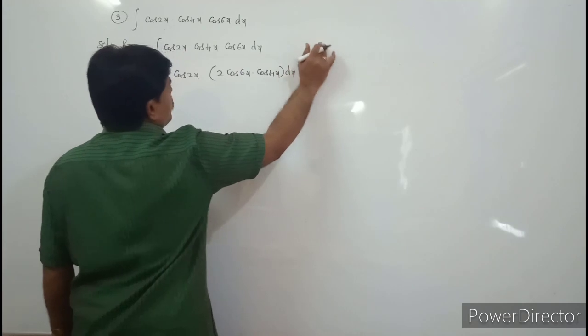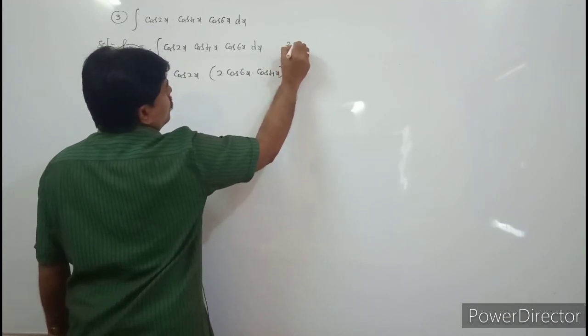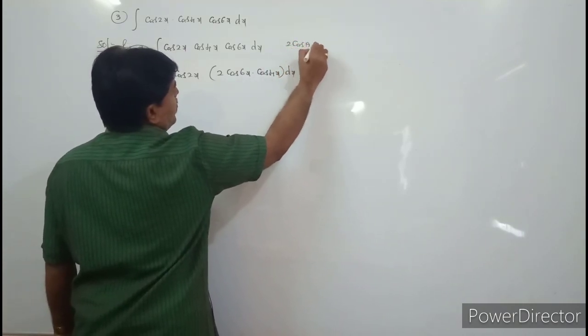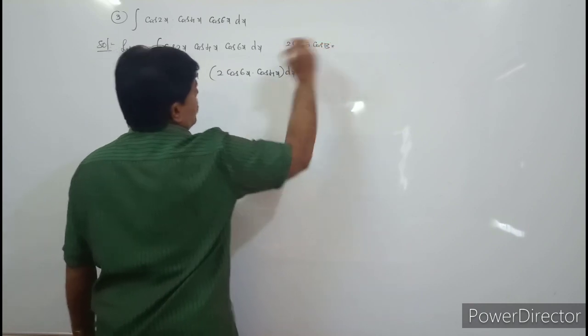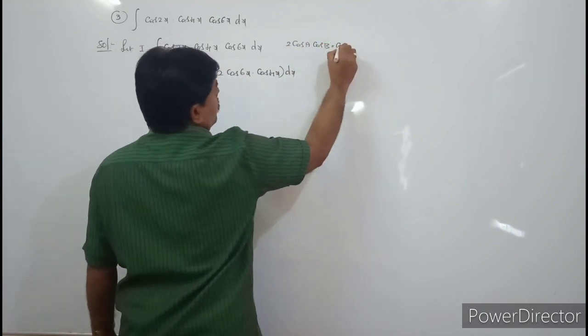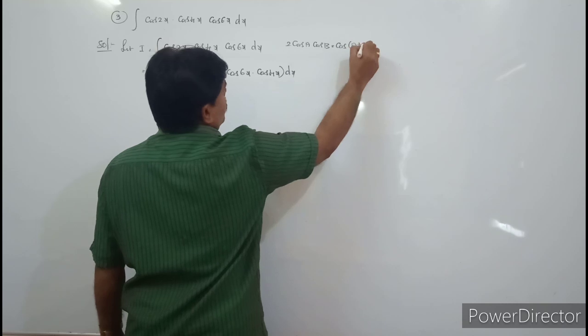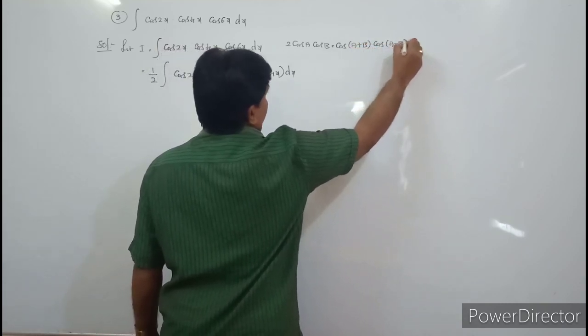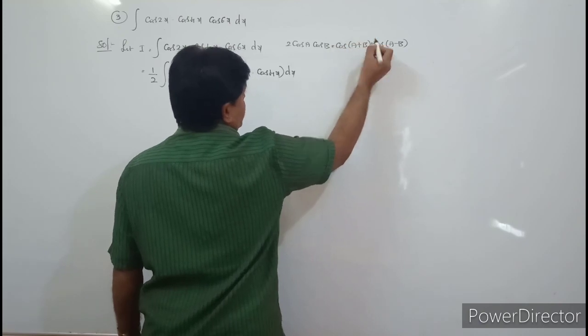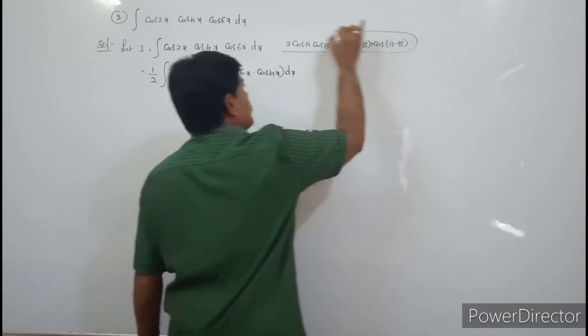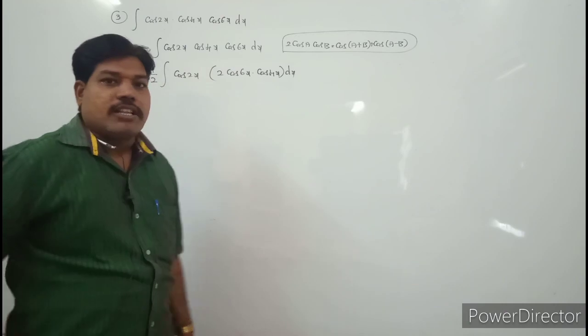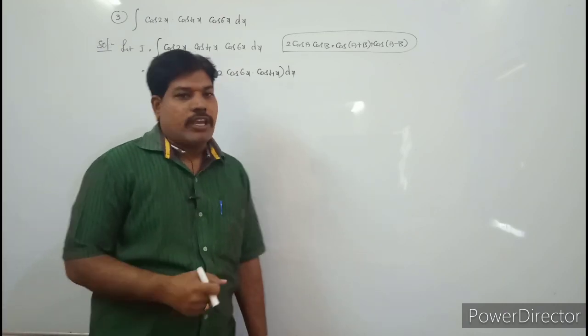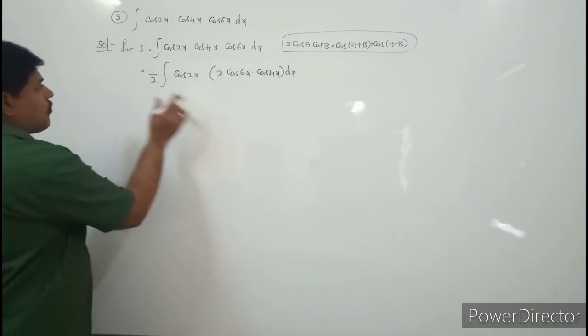So what is the formula? You know that 2 cos A cos B is nothing but cos of A plus B plus cos of A minus B. So use the formula here.